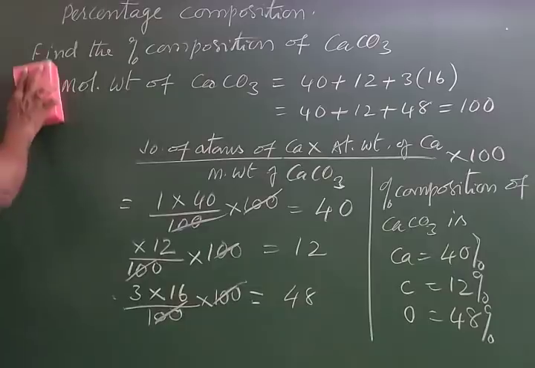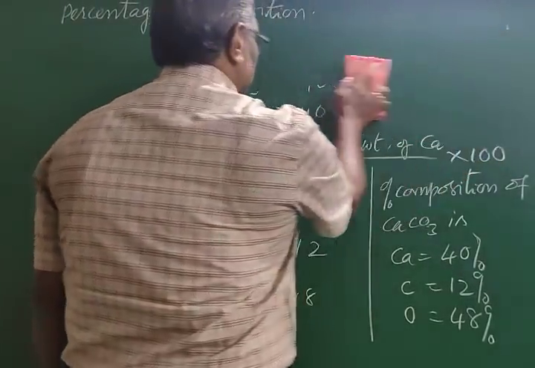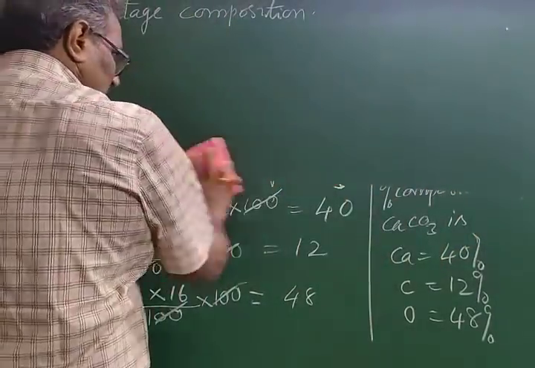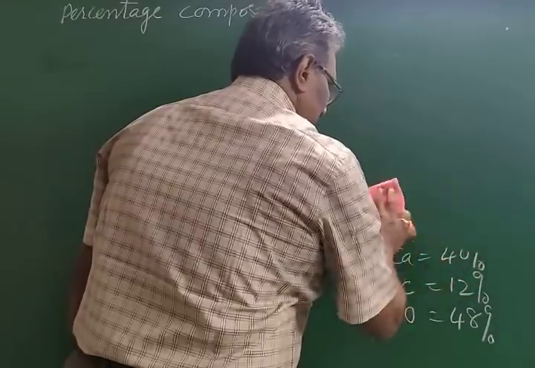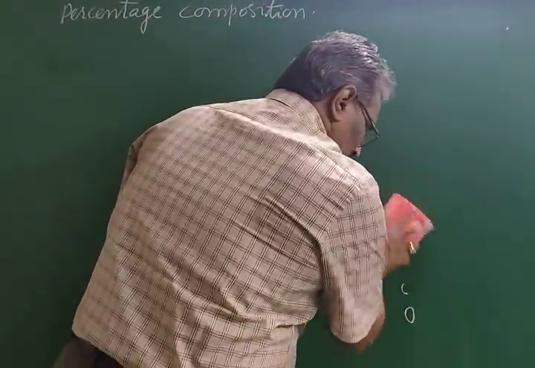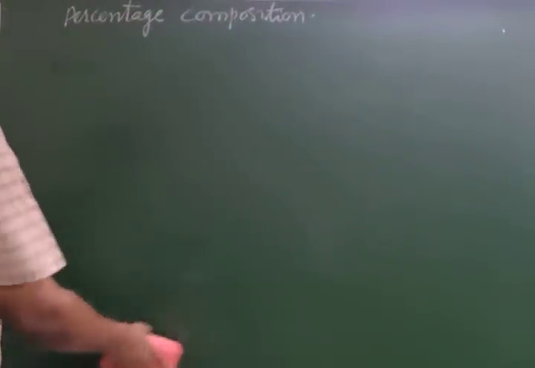So percentage composition can also be defined like this. There are several components in a compound. If the mass of one component is known, we can find its percentage from the molecular mass. Okay?